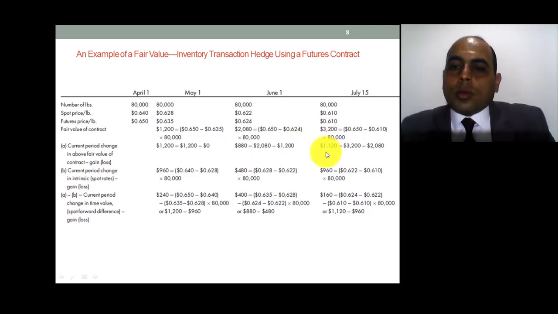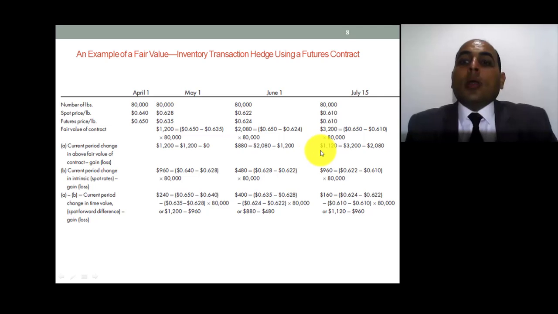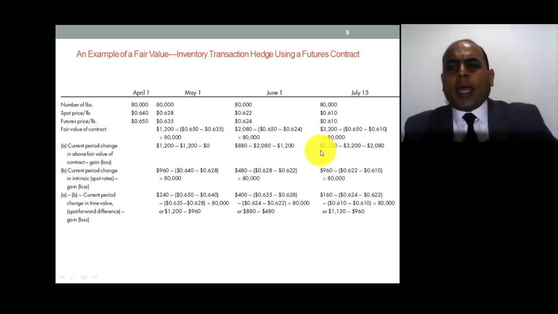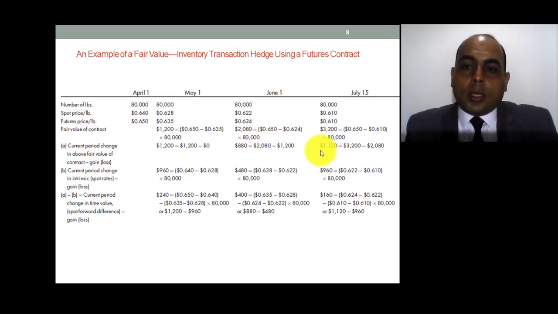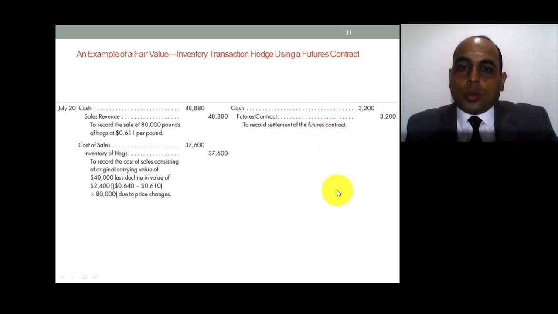We are talking about 3,200 as gain. We have to collect it from the counterparty that we entered into a future contract with. So he will settle the amount of the future contract. 3,200 we will receive from him to settle the future contract.